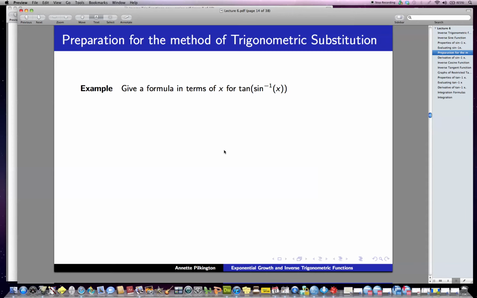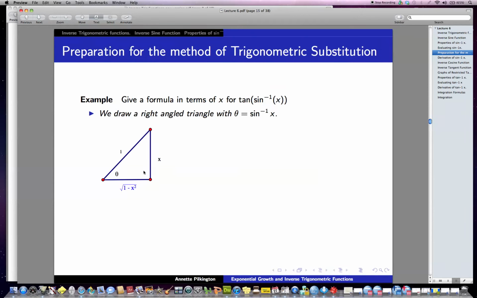which prepares us for the method of trigonometric substitution in methods of integration. Basically, to give a formula for tangent of sine inverse of x, we create a right-angled triangle with sine inverse of x as an angle in that triangle. So we have sine inverse of x equals theta. Therefore, sine of theta must be x, which is x over 1.